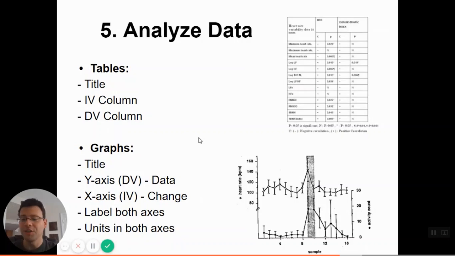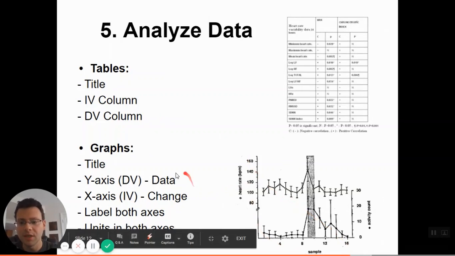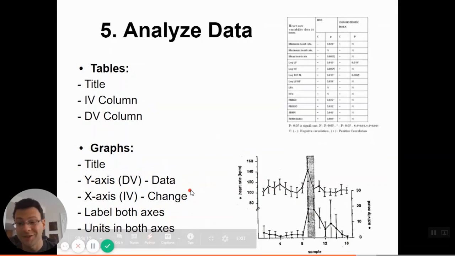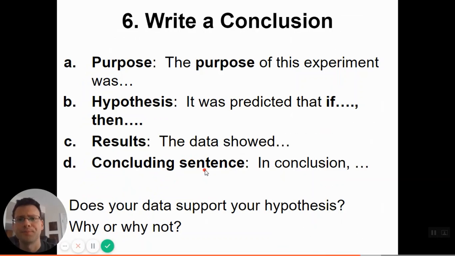I would recommend getting used to some kind of graphing tool, maybe like Excel if you're a Microsoft person, and then I think Google has their own version of that if you are a Google person. But the IV goes on the x-axis, the DV goes on the y-axis, right? This is stuff that you guys know. Make sure you have your labels, make sure you have your units, make sure things are titled, right? So this is all review anyway. We'll work on it this year too.